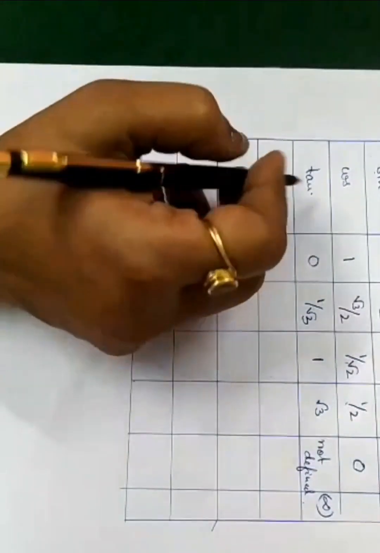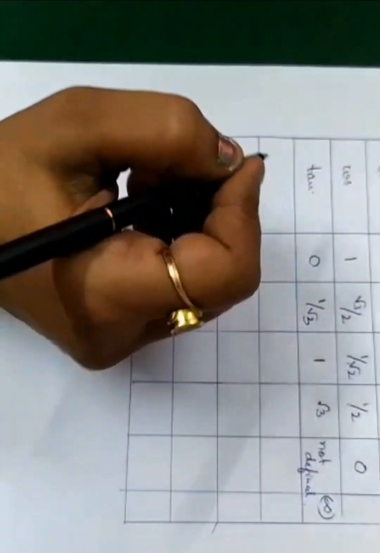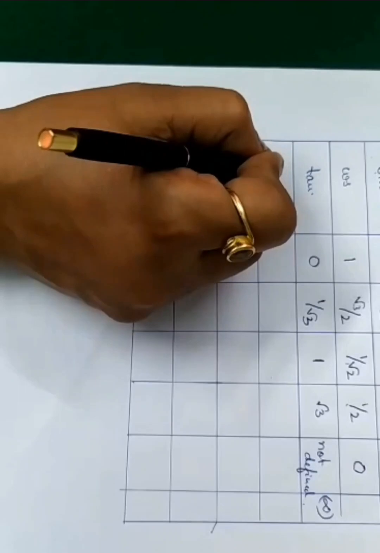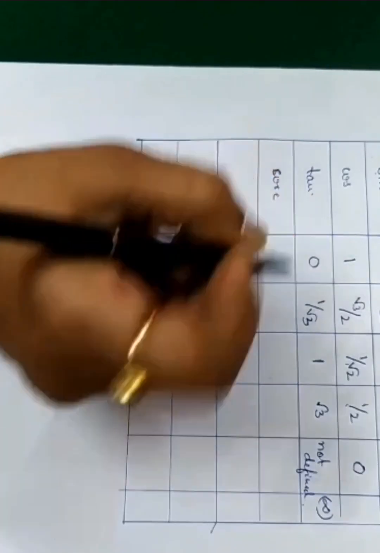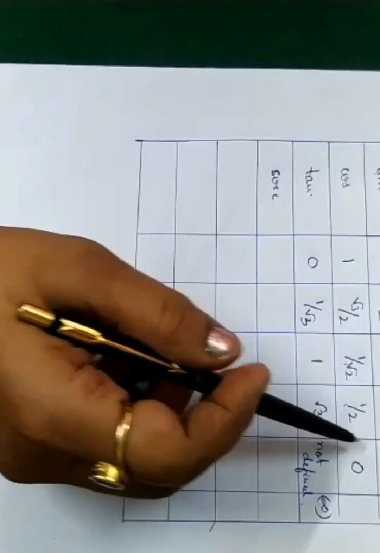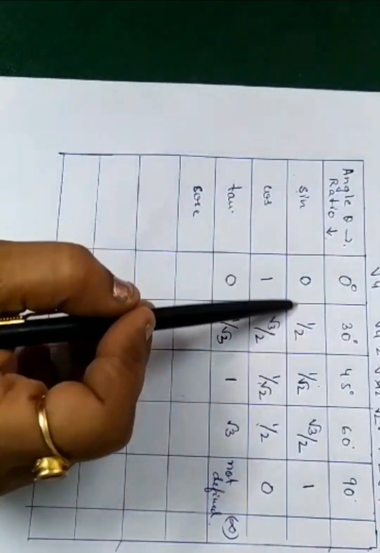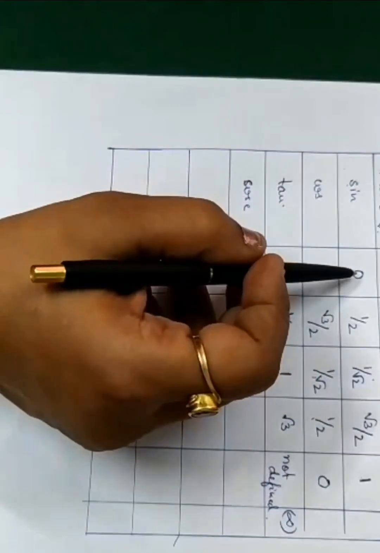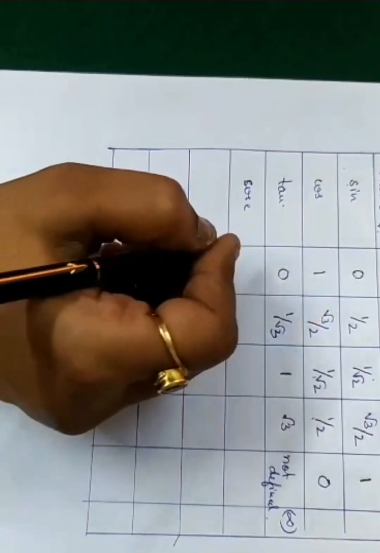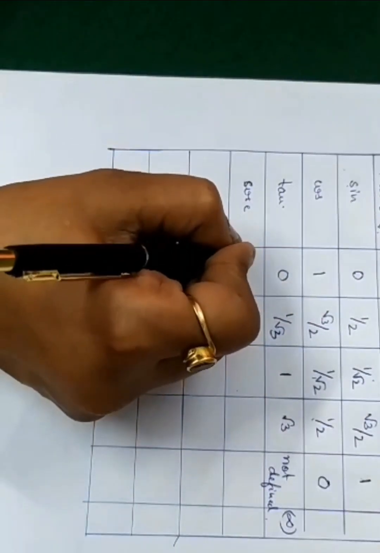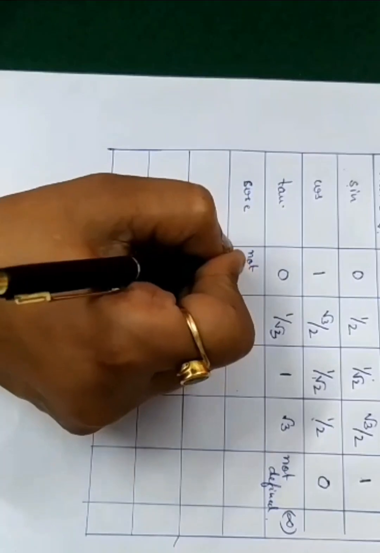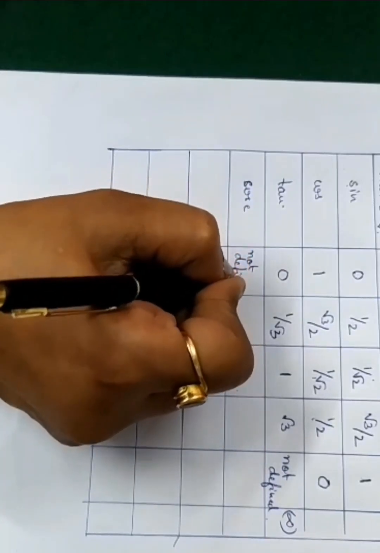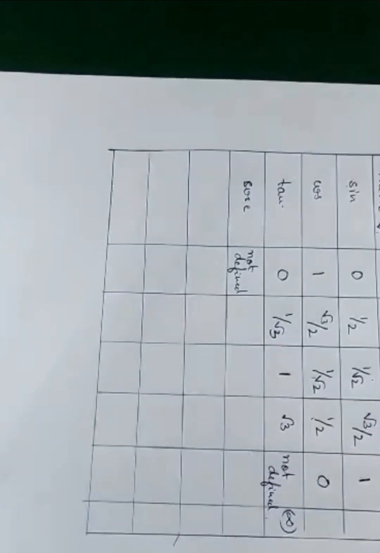Now the reciprocal of sine is cosec, so we can find cosec from this table. We only take the reciprocal of sine. So cosec 0 is 1 by sine 0, so 1 by 0, which is not defined. Whenever 0 goes in the denominator, it is actually infinity, which we say is not defined.